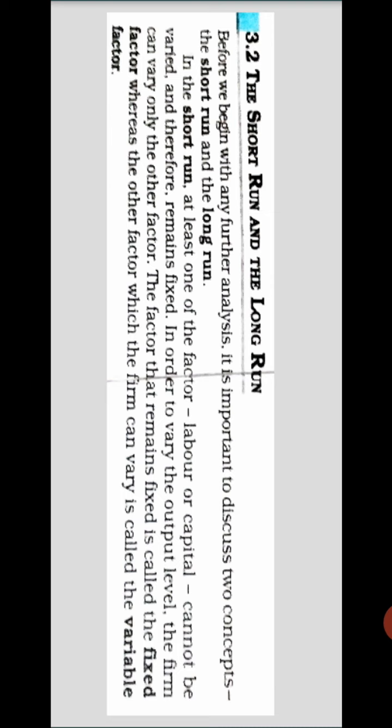So you hire another 2 laborers. Now you have a total of 6 laborers: 4 previously working, plus 2 added, which is 6 laborers. This changes, so it is a variable factor. So this is about the short run.